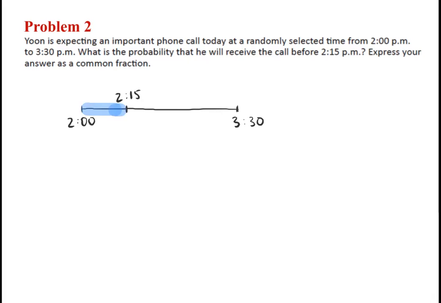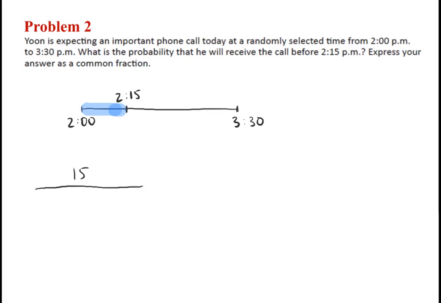And well, that's just 15 minutes because 15 minus 0 is 15. So probability, it wants the probability as a fraction. So 15 will be our numerator. We're going to do this in terms of minutes.